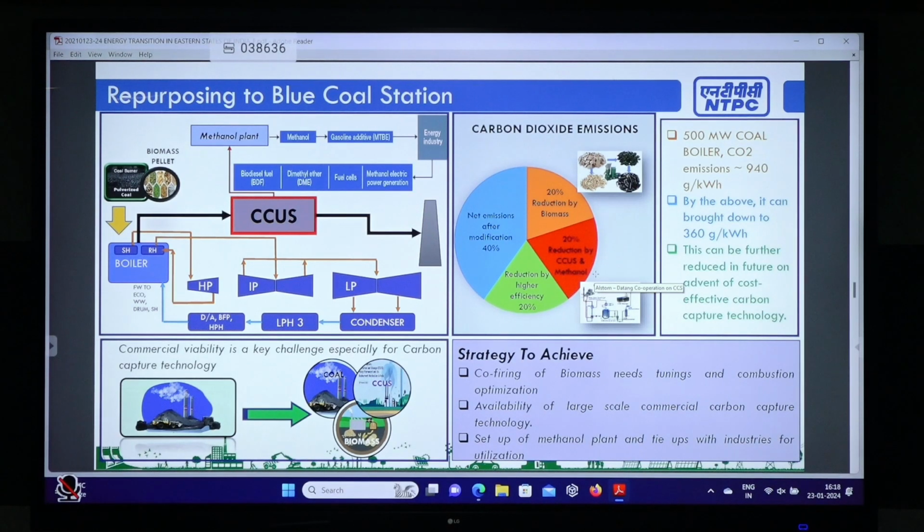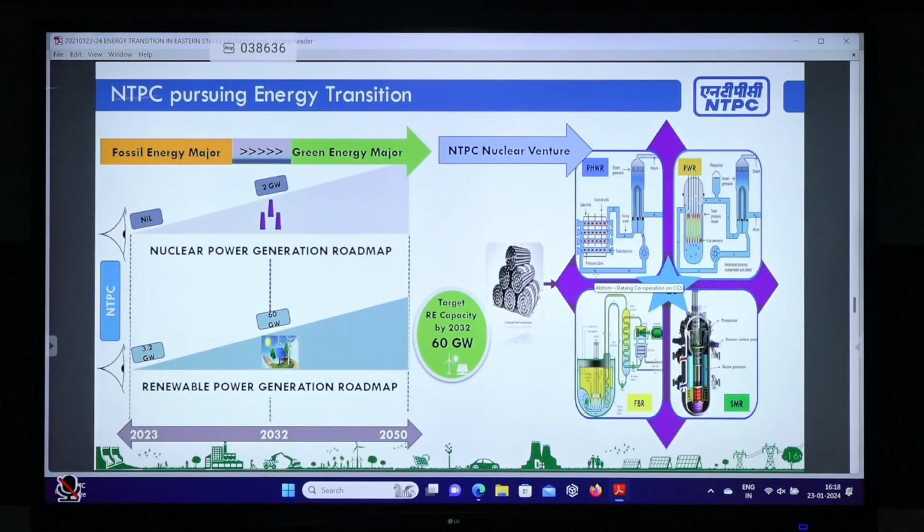Now this is our plan. The center white one is the thermal power plant that is going on reducing. Of course, we have to reduce, but we cannot eliminate it completely. Increase nuclear, increase renewable to the extent possible, and the remaining gap has to be filled by coal only.